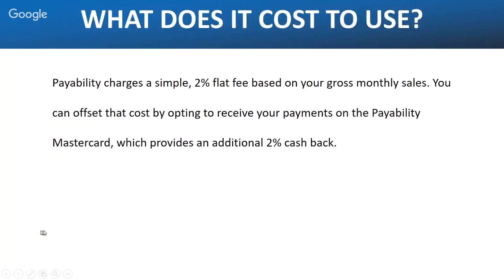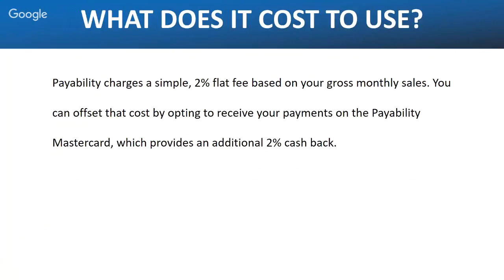So what does it cost? That's a very good question. Payability charges a simple 2% flat fee based upon your gross monthly sales. You can offset that cost by opting to receive your payments on the Payability MasterCard, which they offer, which provides an additional 2% cash back. So in effect, I wouldn't say it's free, but it's got great benefits.